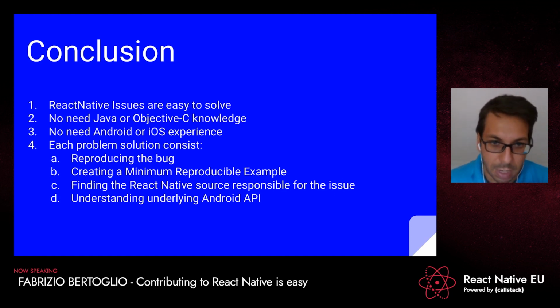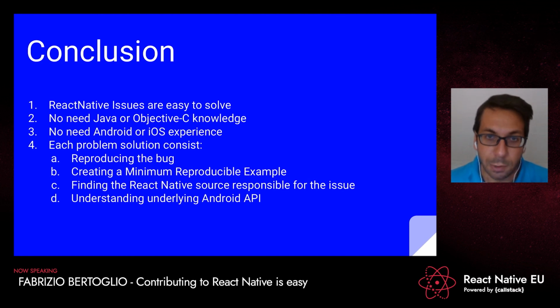The first step will be to reproduce the bug. The second step will be to create a minimal reproducible example. Remove any part of the functionality that is irrelevant for that issue and may make the problem harder to understand and to solve. Then find the React Native source code responsible for causing this issue.